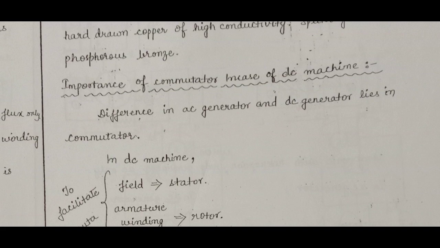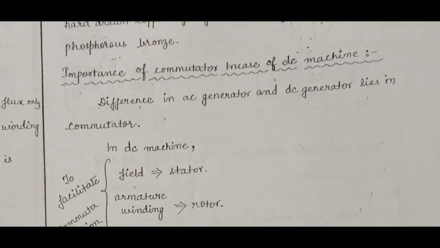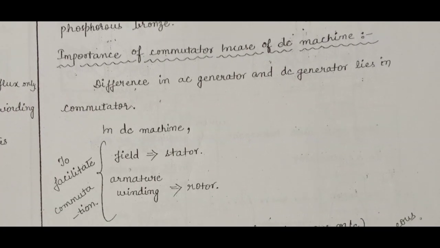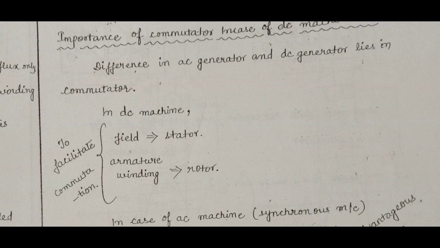Importance of the commutator in case of DC machines. The difference between an AC generator and a DC generator lies in the commutator.